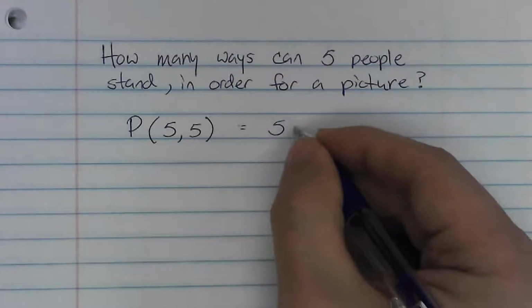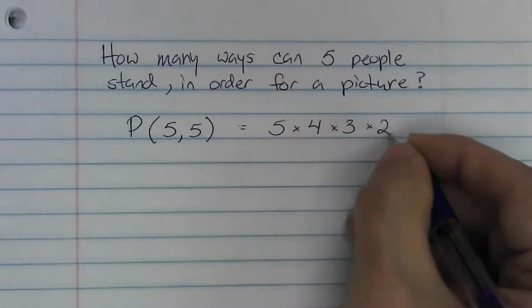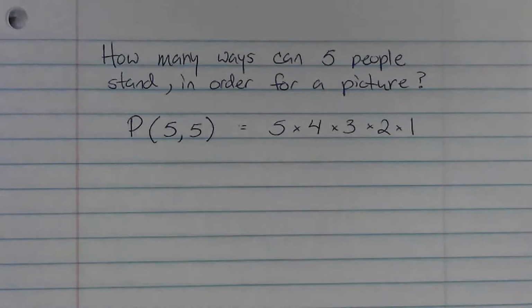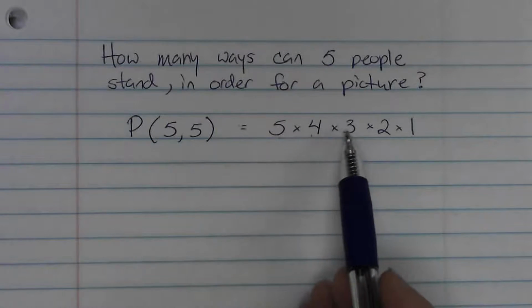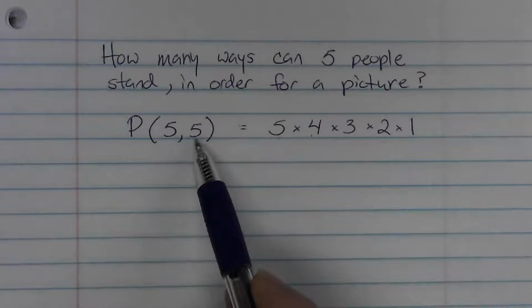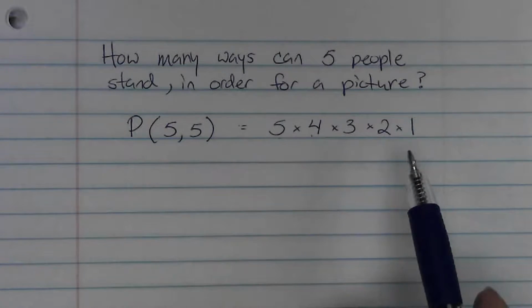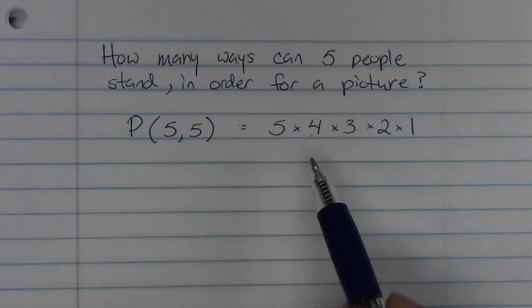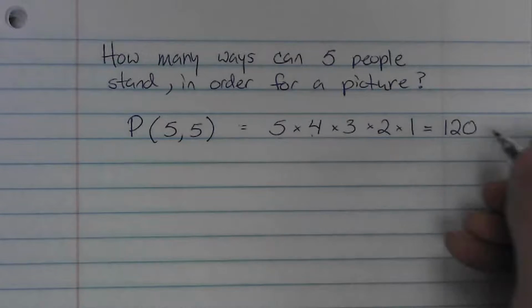We would have 5 times 4 times 3 times 2 times 1. In case you didn't understand this, what we're doing is starting with the number 5, and we decrease by 1 as we go along. Whatever the second number here is, that's how many factors we have. When we multiply these all together, we come up with an answer of 120.